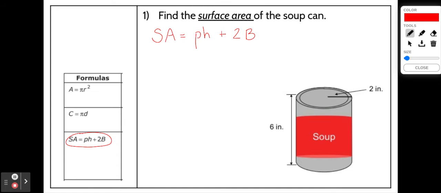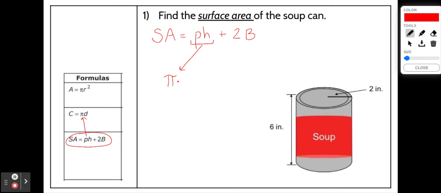So let's start off with the pH, which is representing the tube. Remember, P is circumference. So we're going to use the circumference formula for P. It's perimeter around the circular cylinder. So to find the perimeter, which is circumference, I would take pi times diameter.